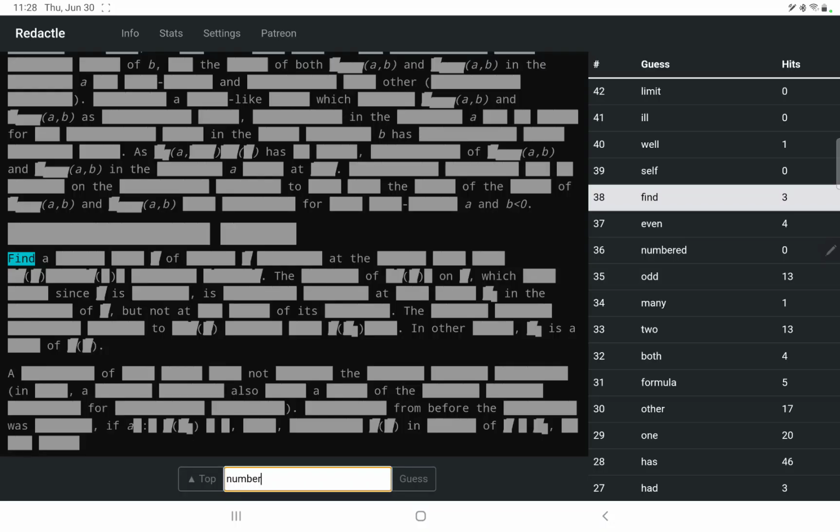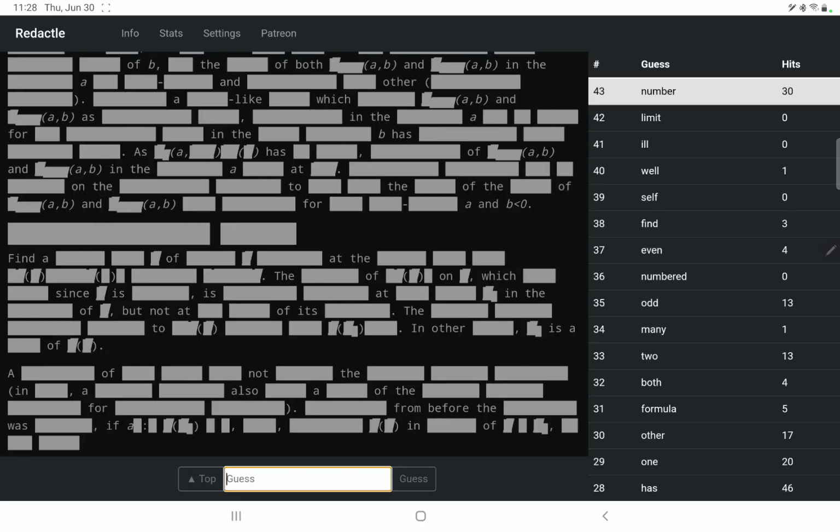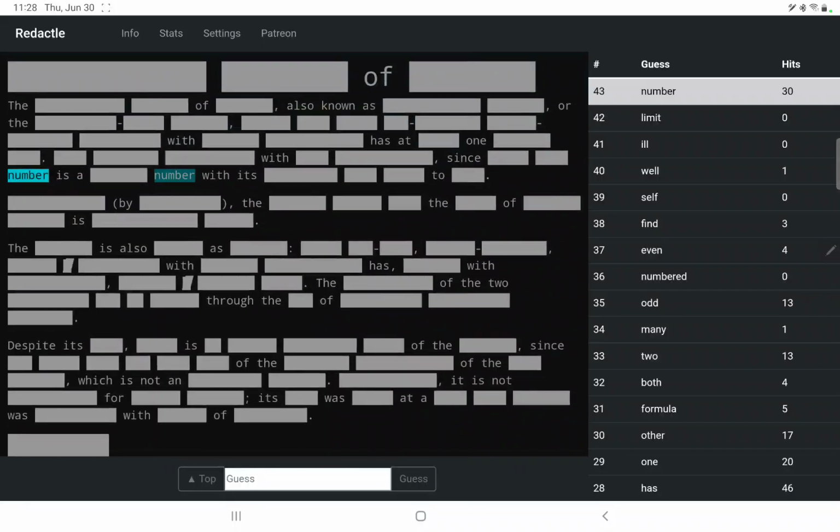Let's just do number. A lot of numbers. Is a something number with its something. How about 0? So it's a mathematical term.